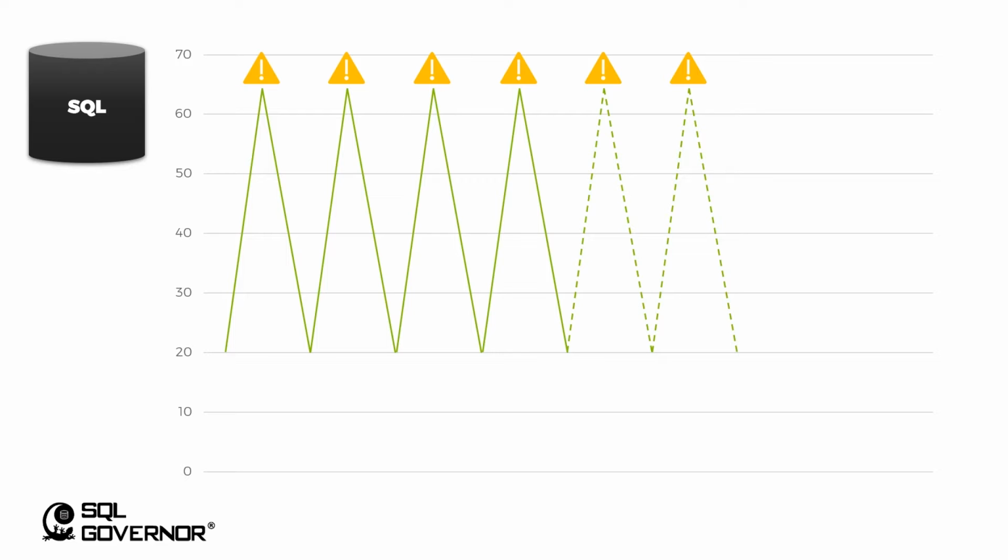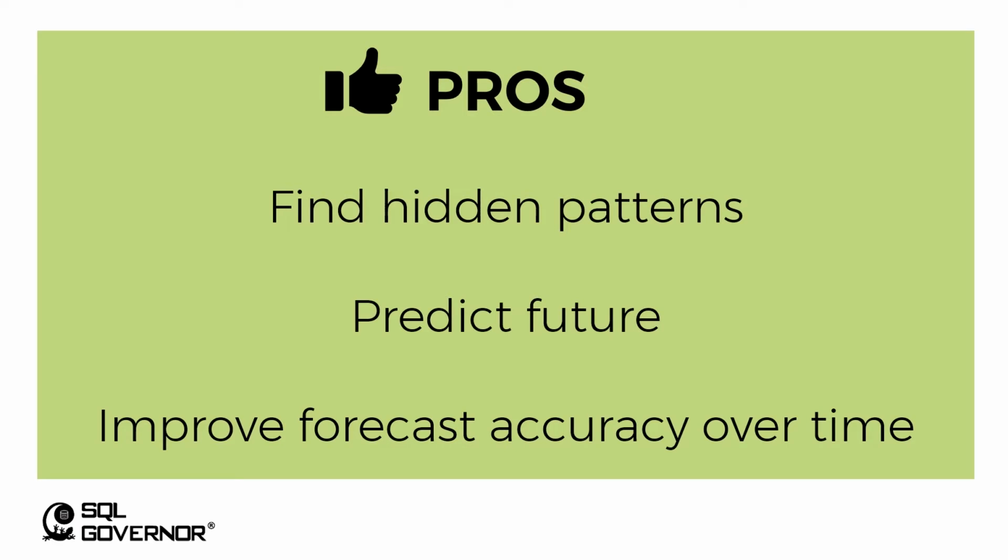You can even retrain the result sets for the next month and the next month, and so on, in order to improve the accuracy of the forecast and keep it up to date. So that is how simple it is. And what are the pros of pattern-oriented alerting? The pros are that you're able to find the hidden patterns and to predict the future. And also you can improve your forecast accuracy over time.